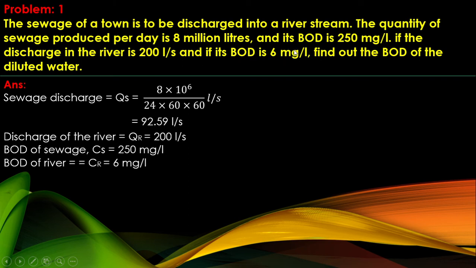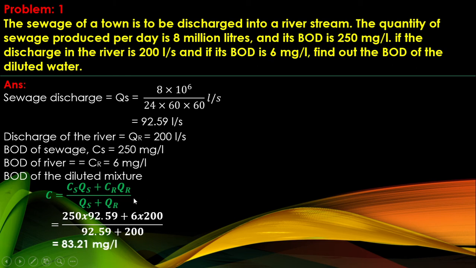We want to determine the BOD of the diluting water. Therefore, concentration of resulting mixture, C equal to Cs into Qs plus Cr into Qr divided by Qs plus Qr. Just substituting the values, we get BOD of the diluted mixture as 83.21 mg per liter.